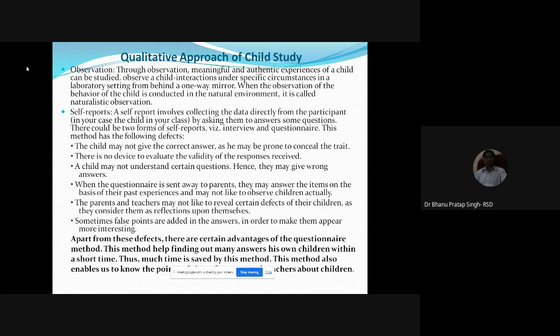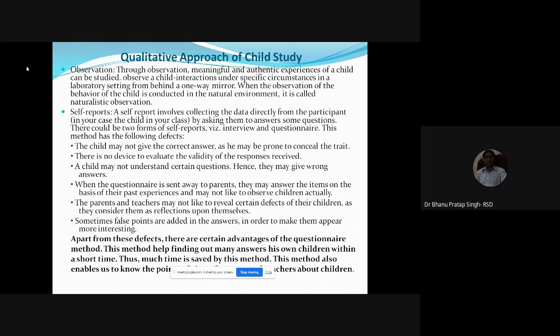But these are the defects, and there are some qualities also. There are certain advantages of the questionnaire. This method of questionnaire, as well as interview, because interview may also be in written form, helps in finding out many answers from children within a short time.